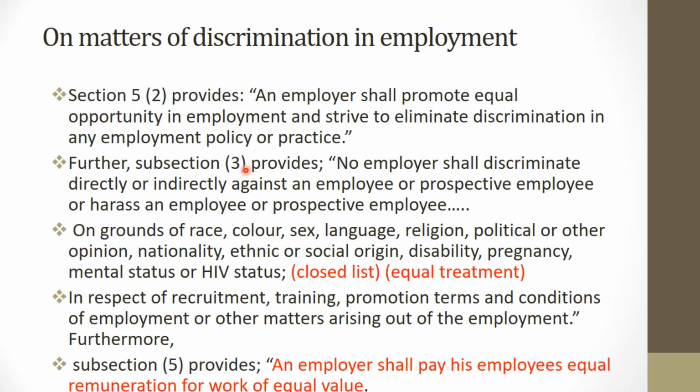And these are the grounds upon which he is not allowed to discriminate against you. So should you have been terminated from your job simply because you're pregnant, you're disabled, or you are HIV positive, if you have evidence, you can bring a case and you'll be compensated.